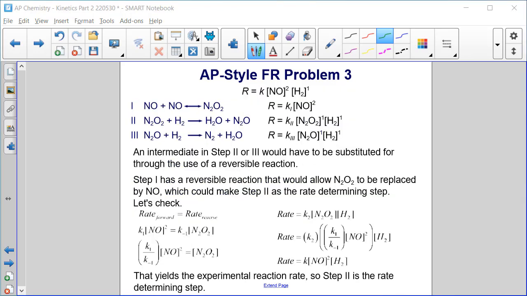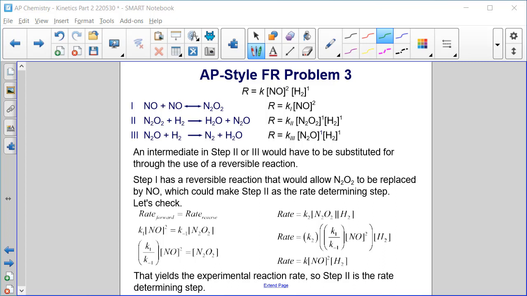An intermediate in step 2 or 3 would have to be substituted for through the use of a reversible reaction. Step 1 has a reversible reaction and would allow N2O2 to be replaced by NO, which would make step 2 the rate determining step. Let's check it out.